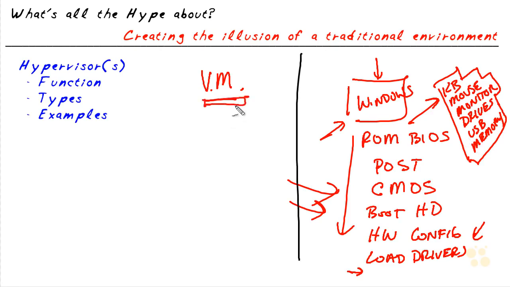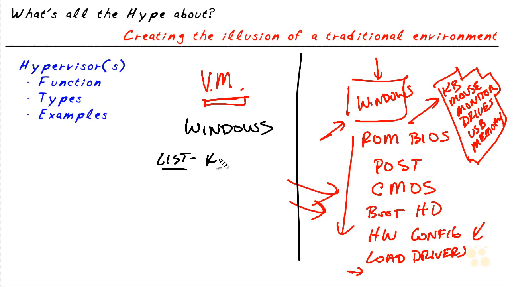Now, when we compare that to a virtual machine, when a virtual machine boots up, for example, it also could be Windows. However, we don't really have the keyboard, mouse, monitor, drive, USB, and memory that are dedicated to that device. Instead, in a virtual environment, we can create a list of the elements that we want to make that operating system believe is available to it.